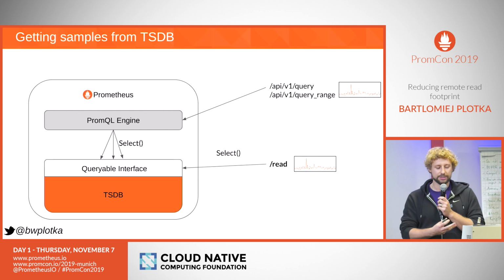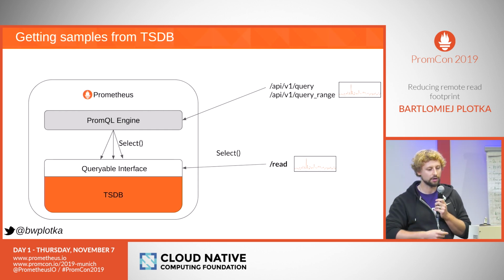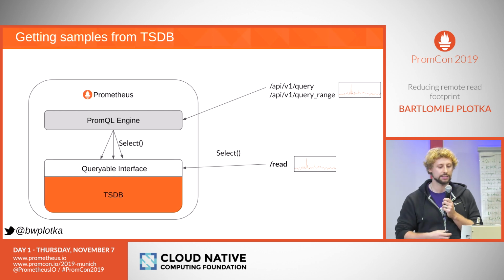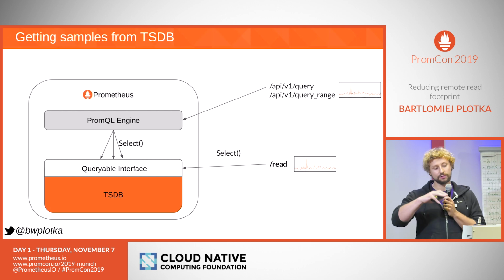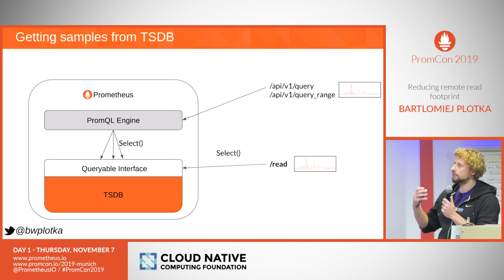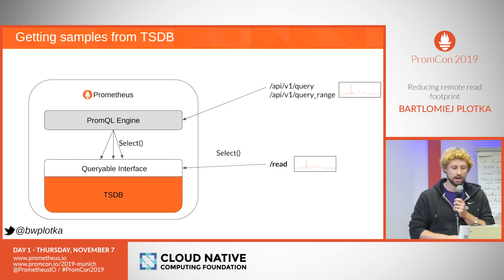It fetches and matches series, and at the same time, query range does exactly the same. However, query range goes through the PromQL engine that does the evaluation and so on.